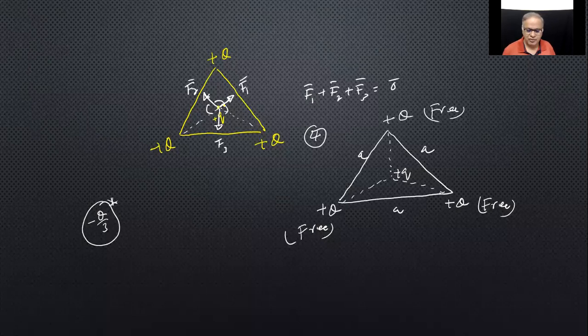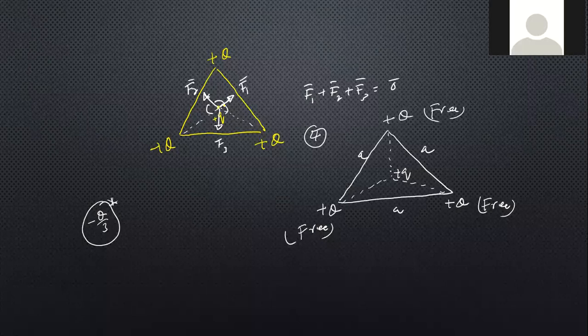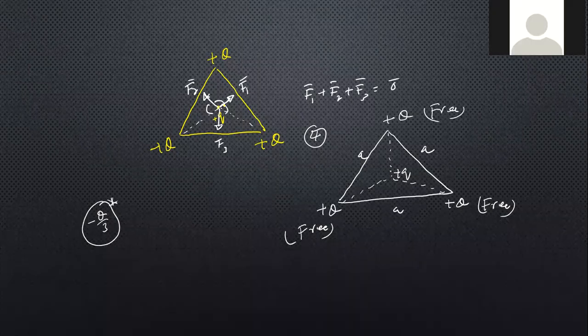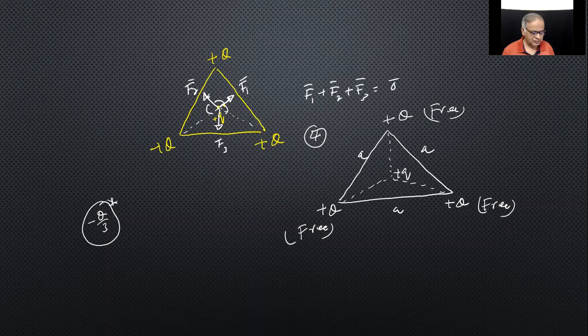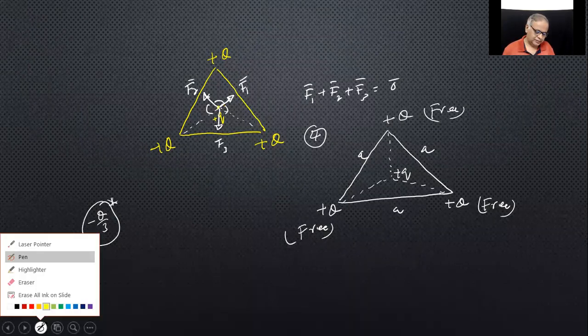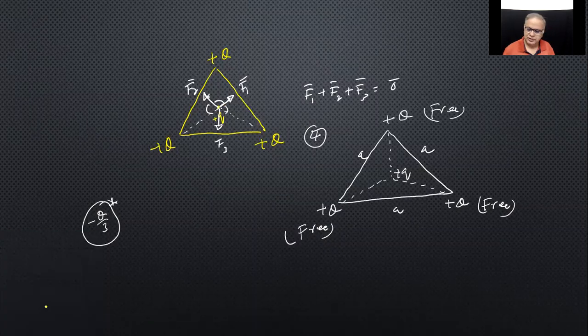So, Sriya, how did you get q by root 3? On what basis? I took my vector wrong. At first I considered one charge. Okay, you took it wrong. Others?